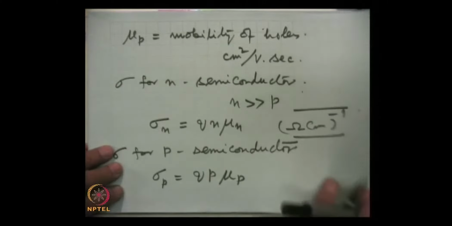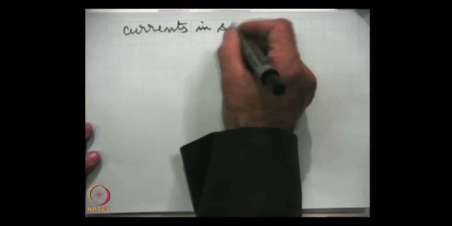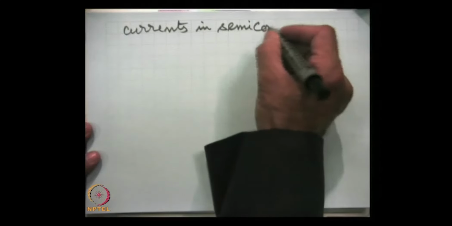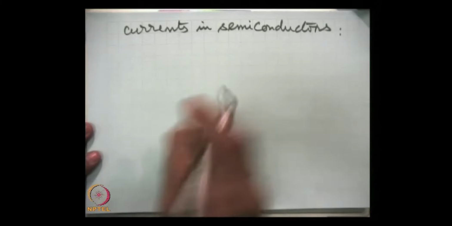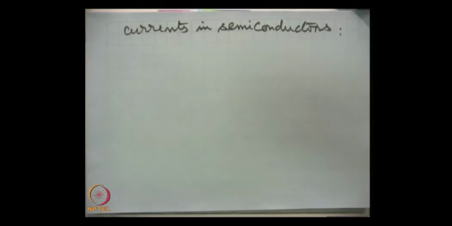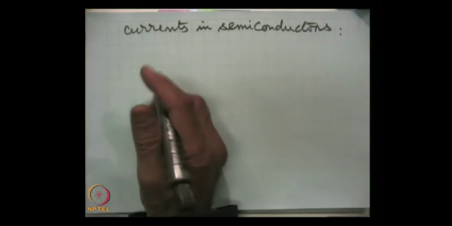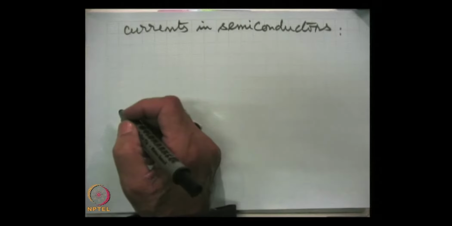Now, we talk about the currents in semiconductor. There are two components of current in semiconductors.